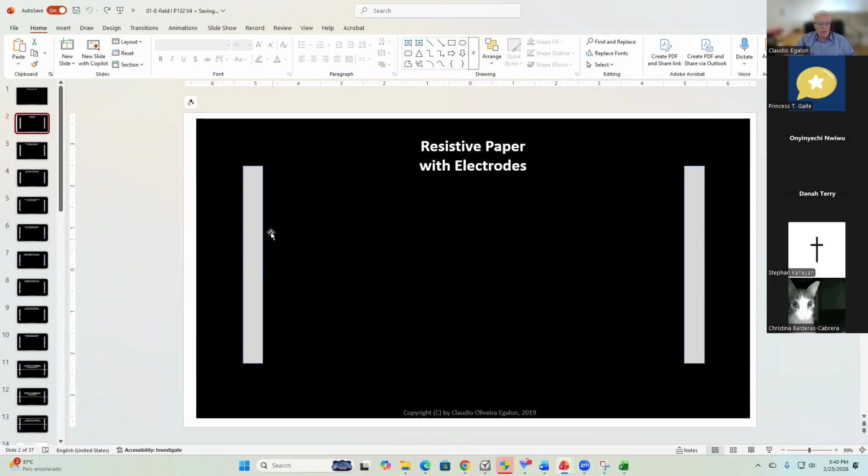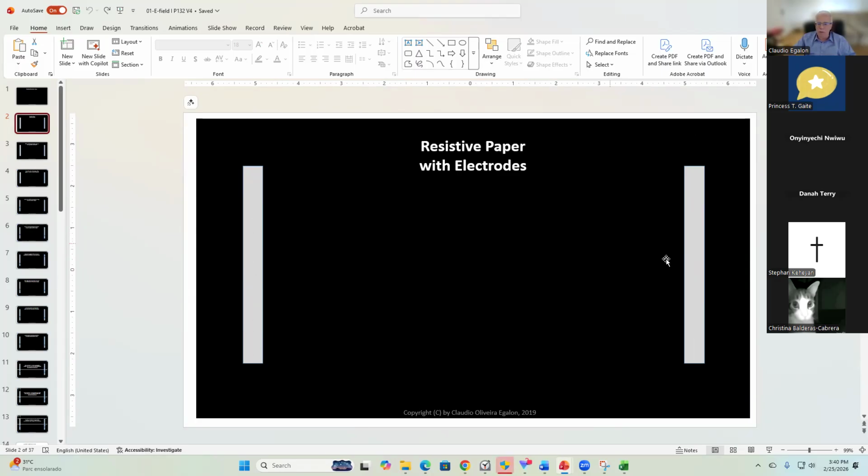Here you go. We have a metal film painted over this paper in a rectangular fashion, and another metallic thin film, which was originally our ink, painted in a rectangular fashion, right? So now my resistive paper, or my conductive paper, has this thin metallic surface.